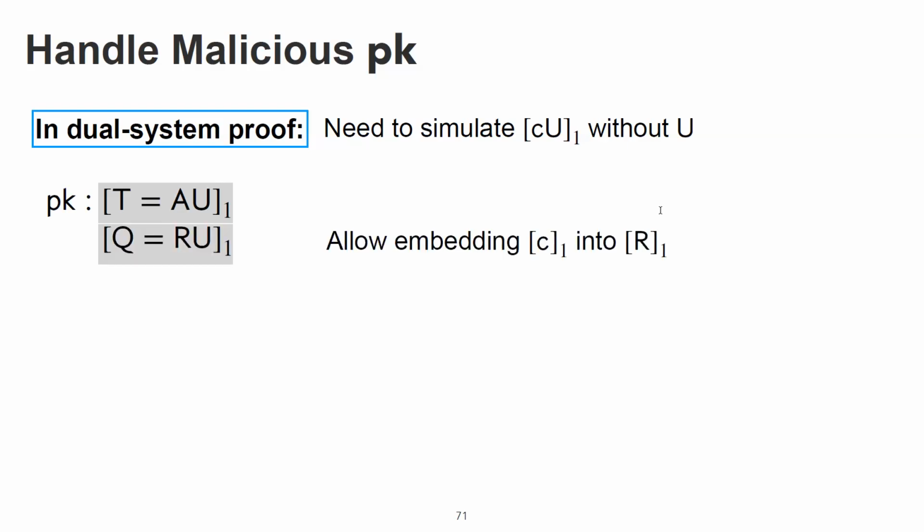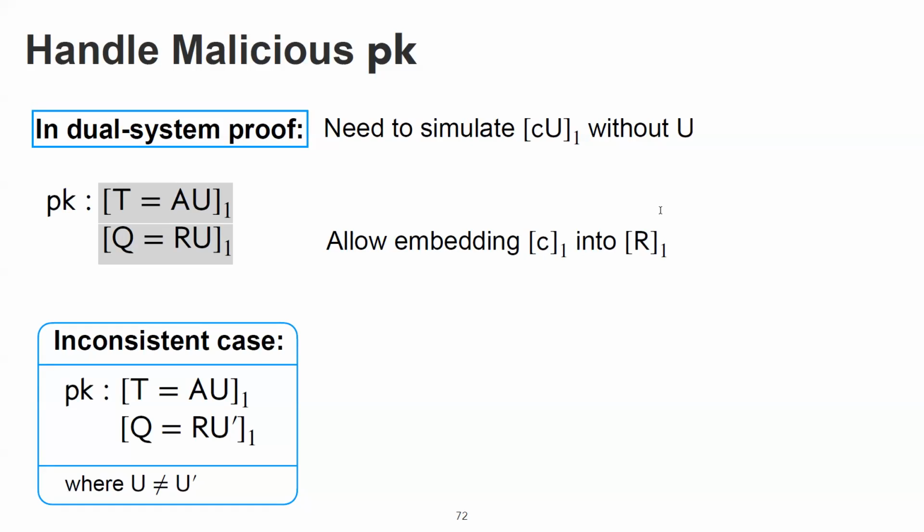To fix this problem, we include an extra term R into the CRS and Q equal to RU into the public key. In reduction, we can invert C into CRS and so get C^U from the matrix Q. So we can recover the C^U from Q, even if U is unknown.